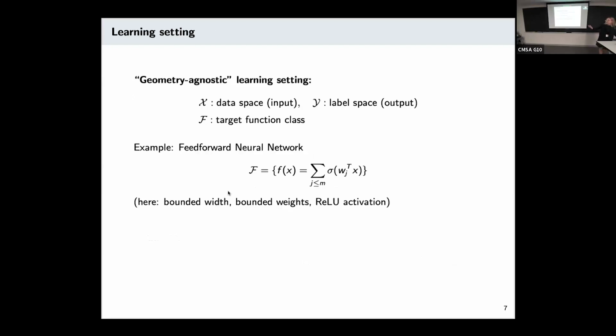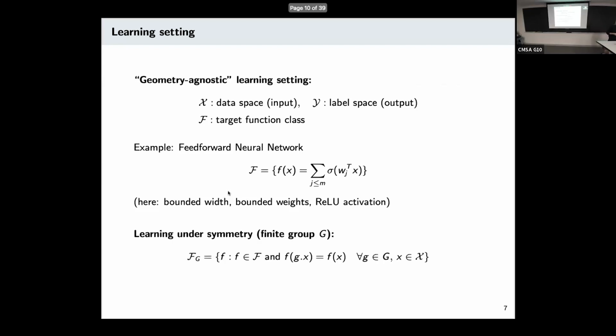Okay, so the first and the classical setting that one usually considers is a geometry agnostic setting, right? So this would be, for instance, if we have a feed-forward neural network, we might put some assumptions on how specifically that architecture looks like, but for the purposes of this talk, you can just think of a simple feed-forward neural network. And that is, at least in the first part of the talk, contrasted with a learning setting where we have symmetries, where we have geometric structure.